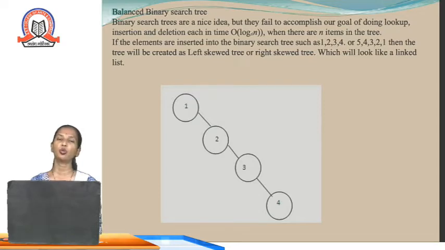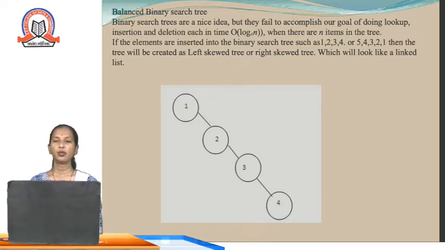So it is going to look like a singly linked list, and the traversal is going to be sequential, with the same number of elements present in the tree. This concept is called either a left skewed tree or a right skewed tree.